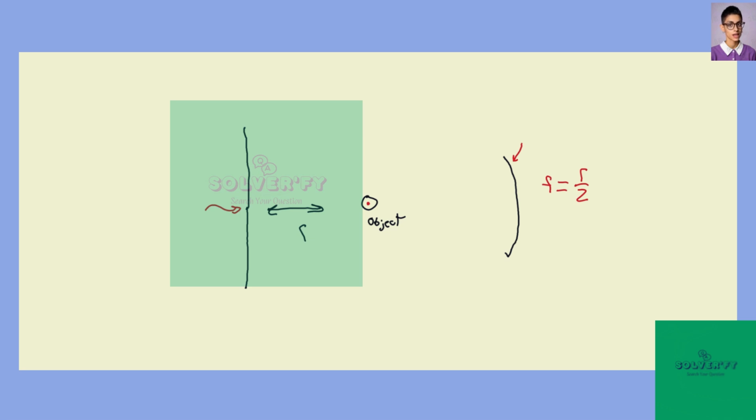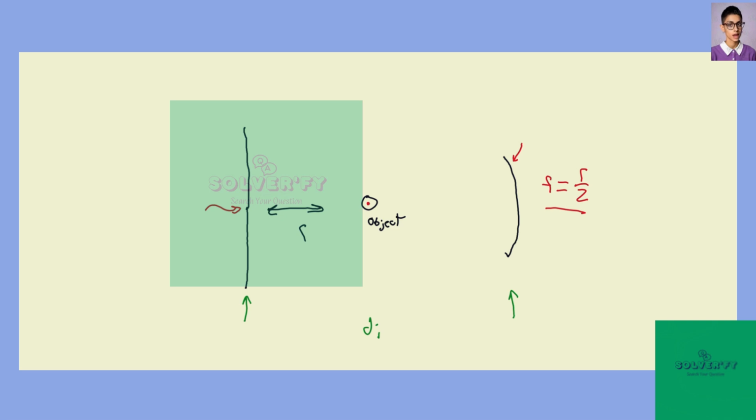Well, if we know that r is our radius of curvature, we can get the focal length from that because it's just the radius of curvature divided by 2. So we have that written down here. One other thing that we know is the image distance is going to be the distance from the wall to the mirror.